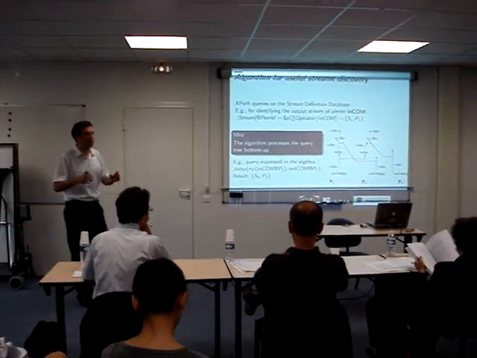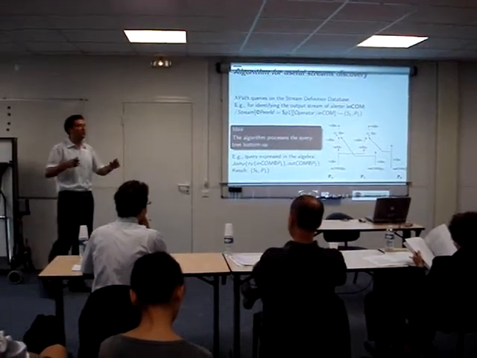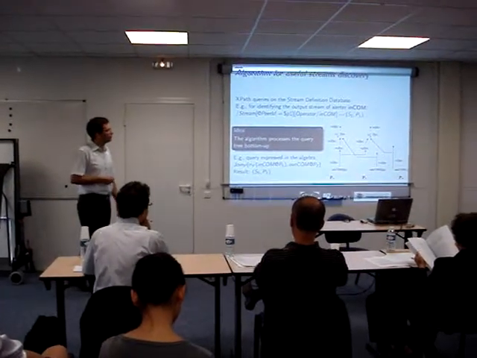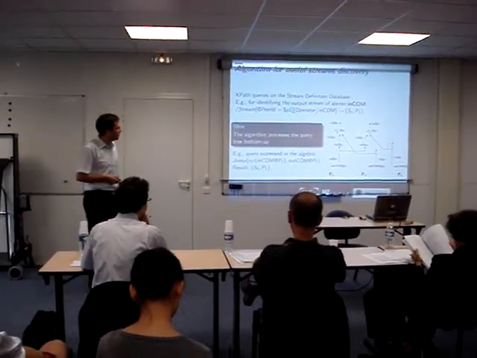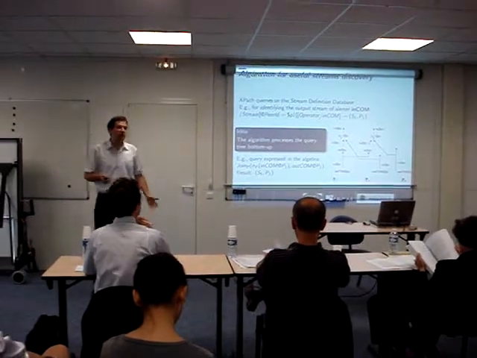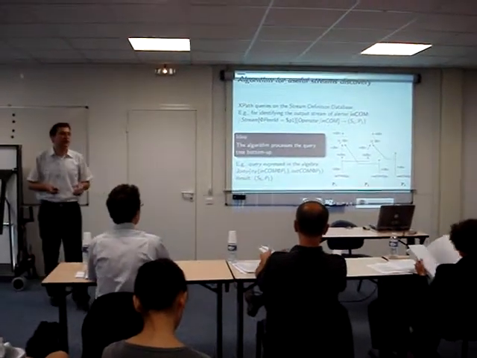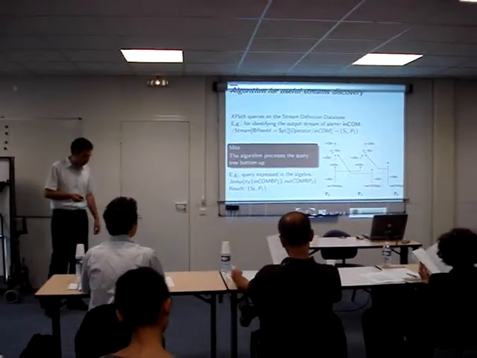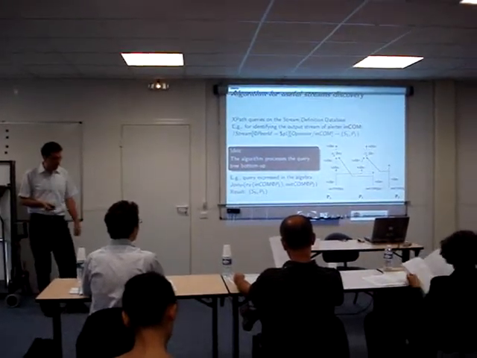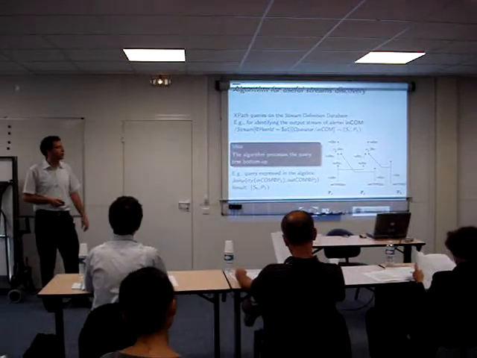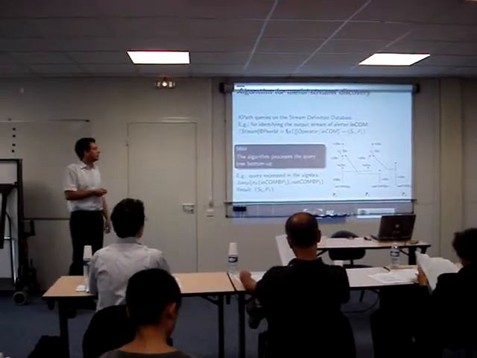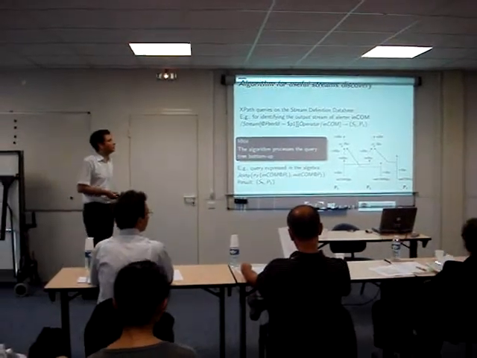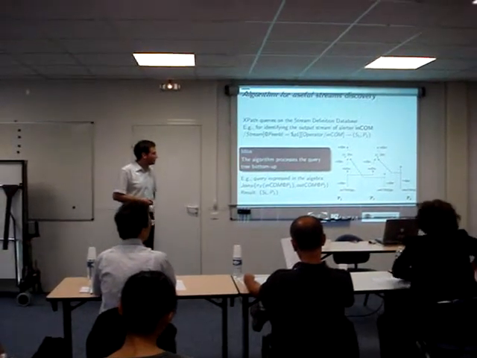So little by little we try to match bigger and bigger sub-expressions to streams in the system. Okay, so hopefully in the end all the monitoring task is already available through a stream, and the user simply subscribes to this stream. There is no need to define new monitoring.